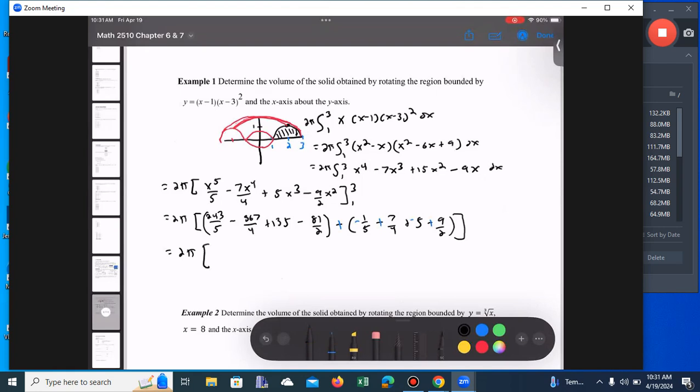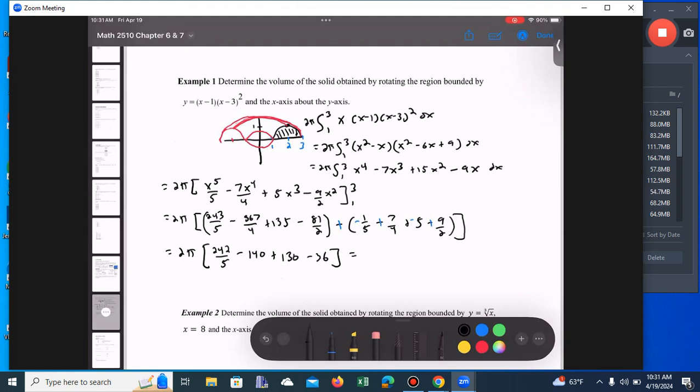243 over 5 minus 1/5 is 242 over 5. Negative 567 plus 7 will be negative 560 over 4, which is negative 140. 135 and negative 5 would be 130. And then negative 81 plus 9 would be negative 72 over 2, which is negative 36.